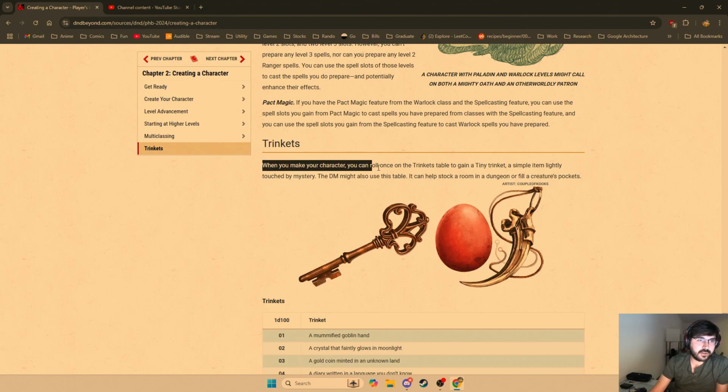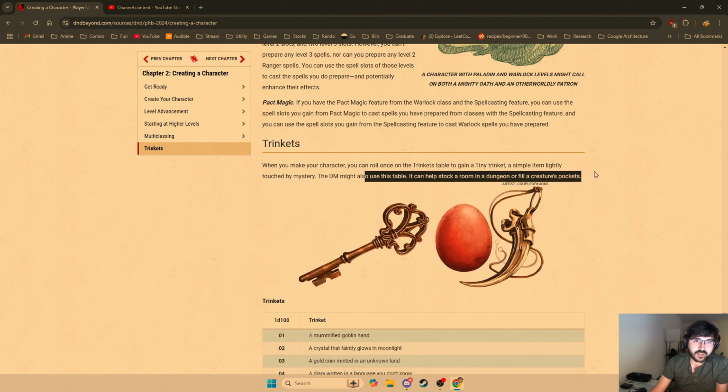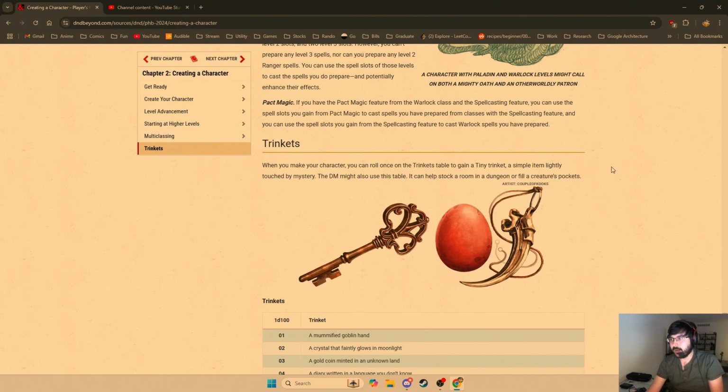When you make a character, you can roll on a trinket table to gain a tiny trinket, a simple item lightly touched by mystery. The DM might also use this table to help stock a room in a dungeon or fill a creature's pockets. Sometimes you can make these items magical and give them enchanted effects and so on.